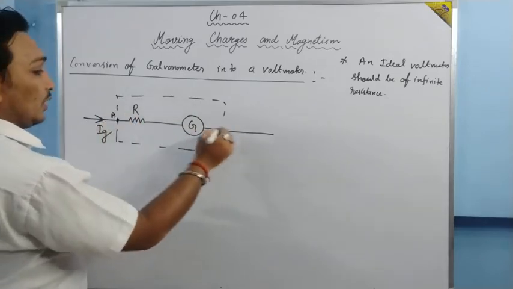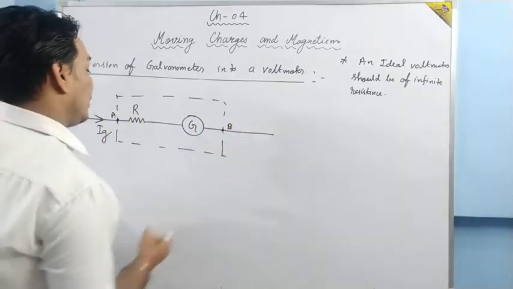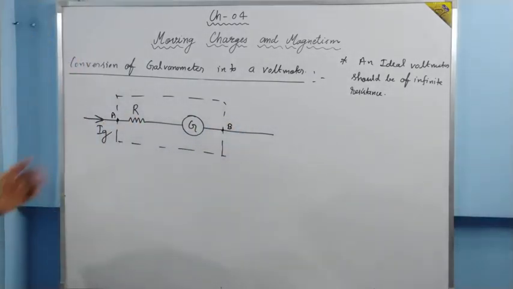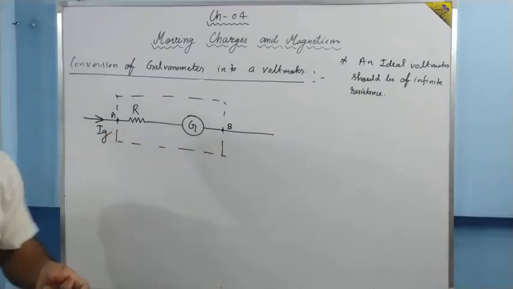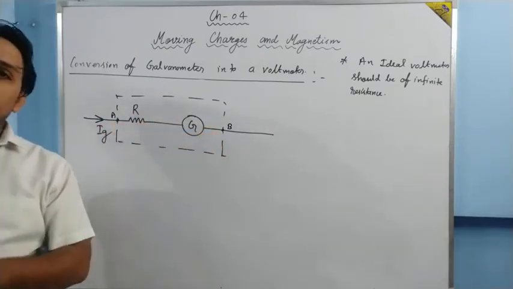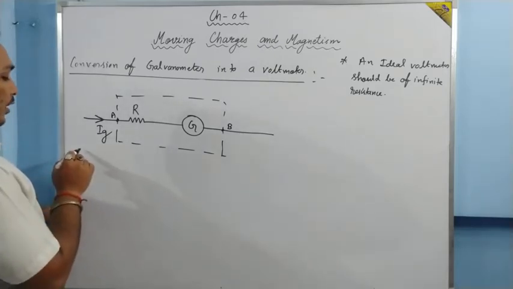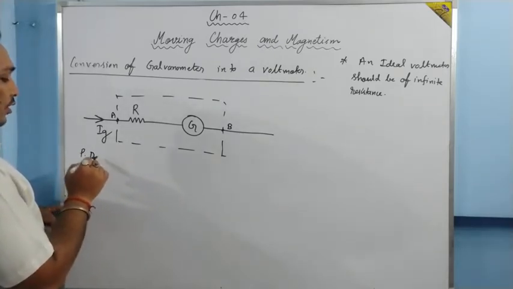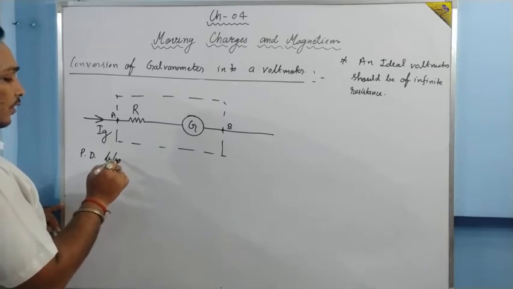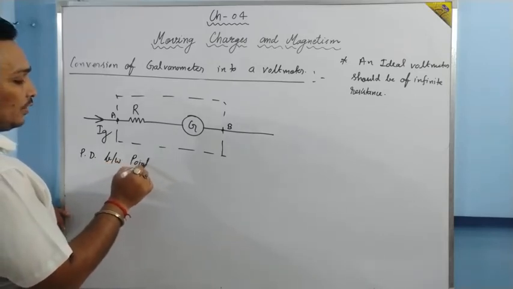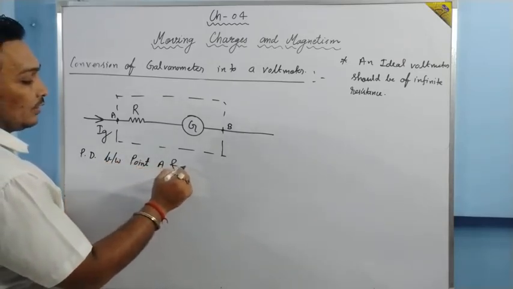Now suppose this point is A and this point is B, so basically our arrangement should measure the potential difference between point A and point B.